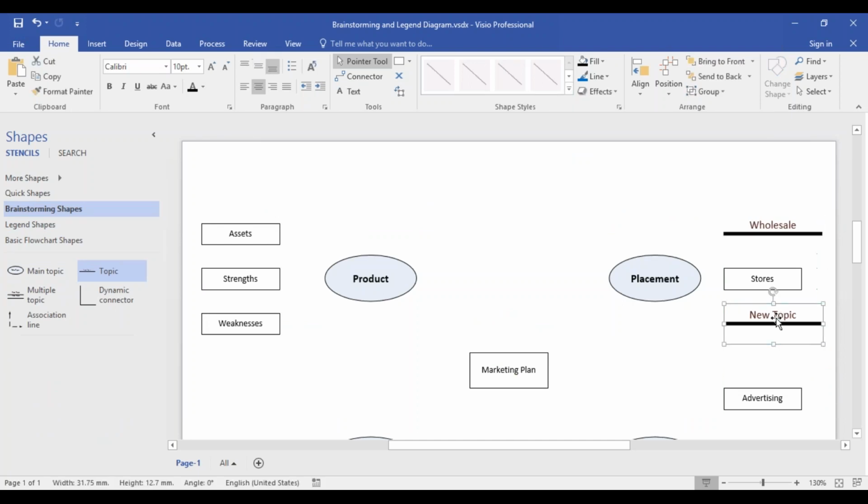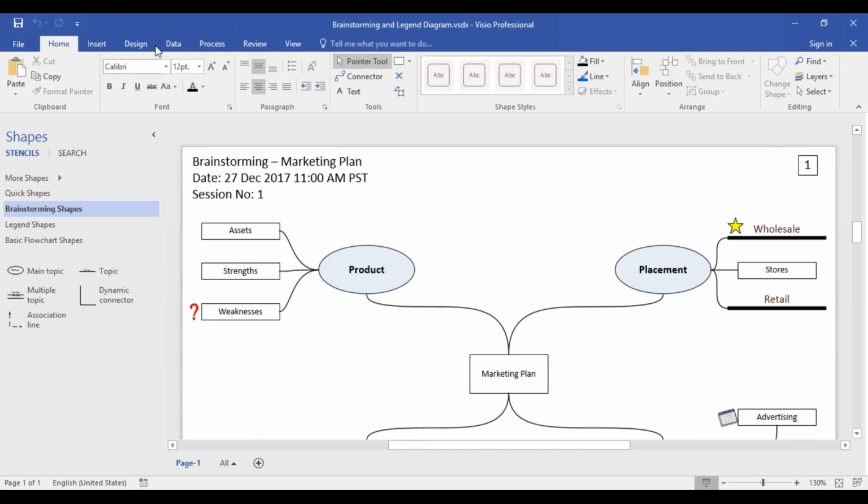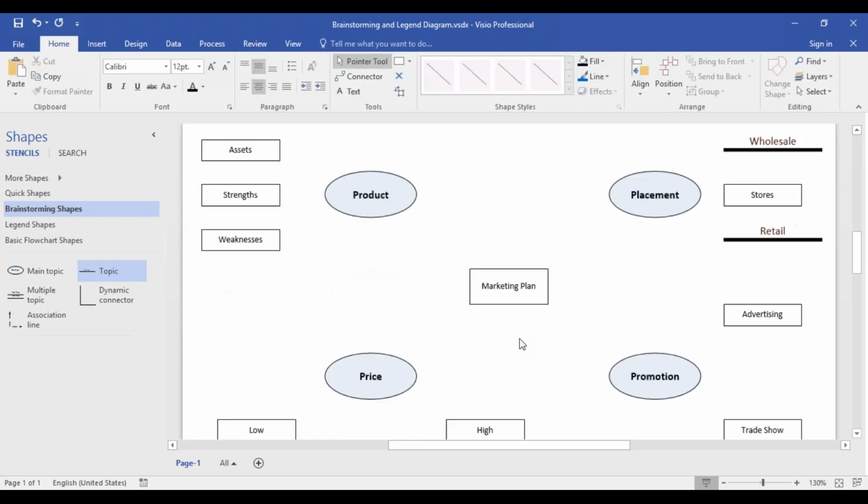Next is retail store placement. Now this is ready. Use the connector. Again, I'm using a curved line connector. Click on the connector and create very nice connectors.